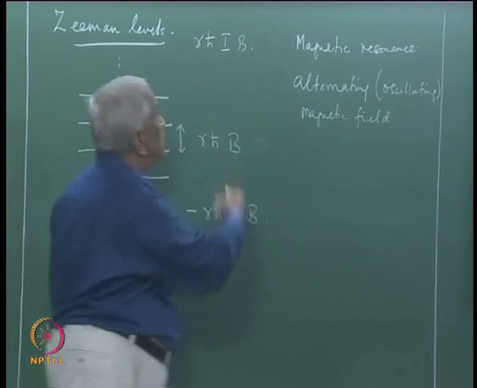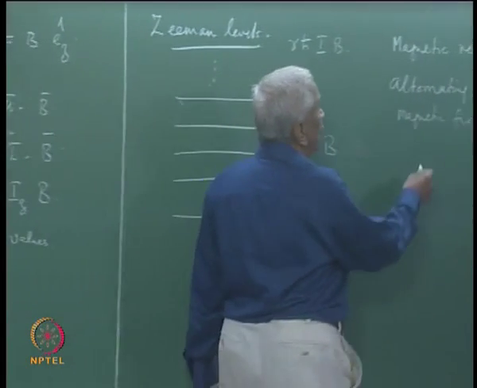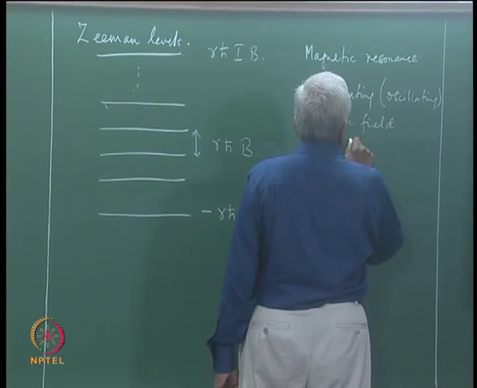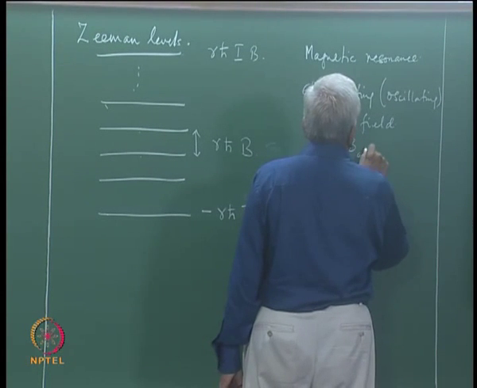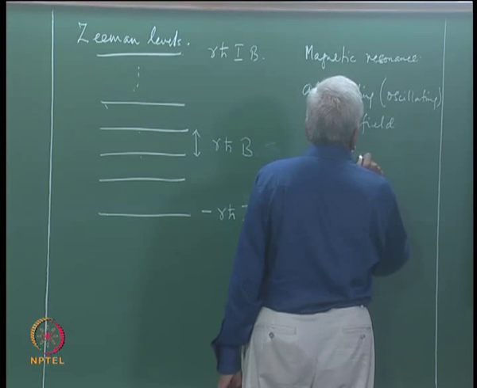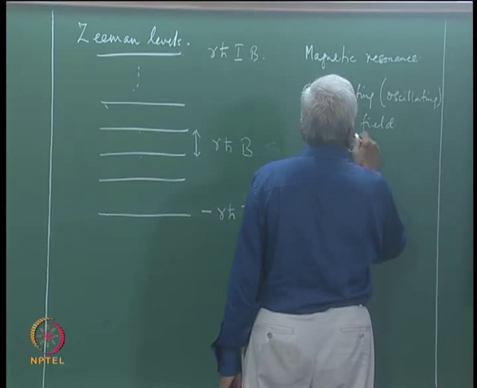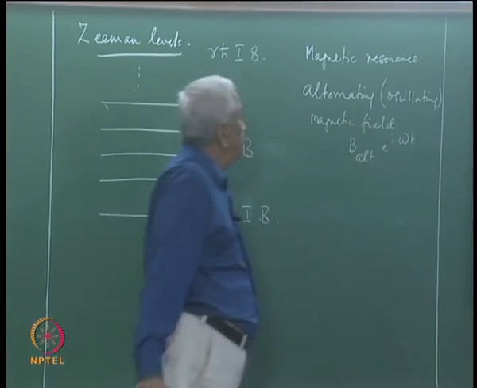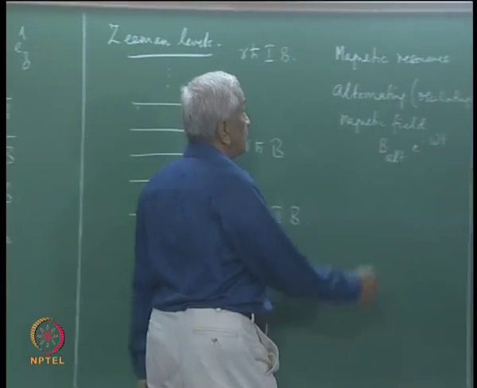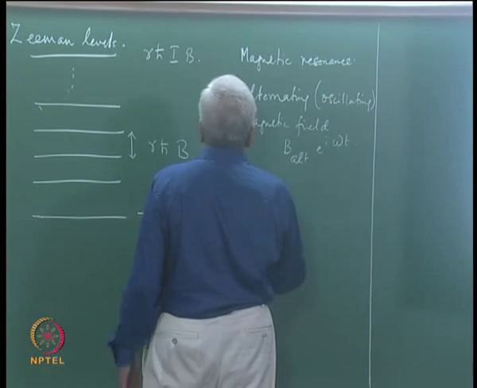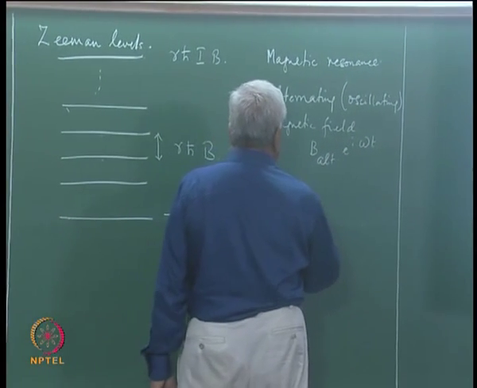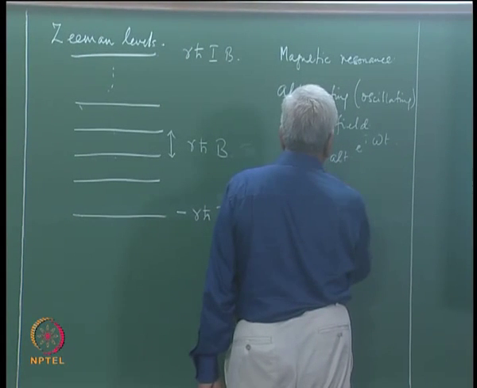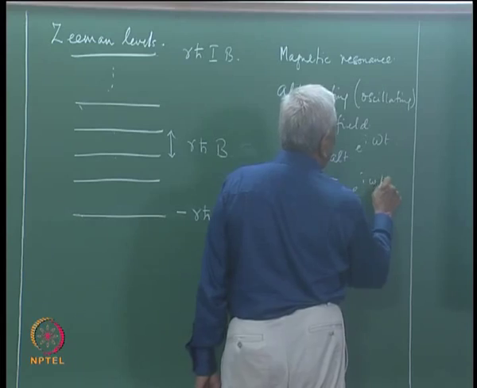And by the same reasoning, the oscillating magnetic field, if I have B alternating, e to the power i omega t, then this also has a coupling Hamiltonian, which is of the form mu dot B alternating e to the power i omega t.